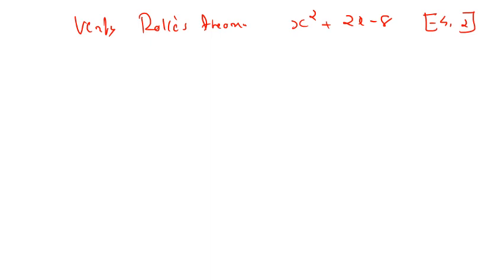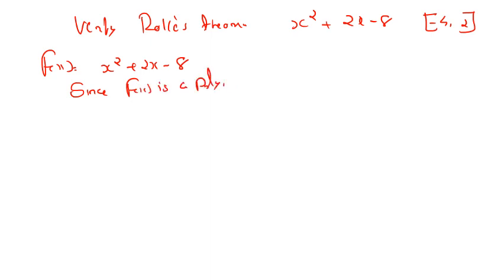Now take f(x) equal to x squared plus 2x minus 8. What is x squared plus 2x minus 8? It is a polynomial function. So we can write, since f(x) is a polynomial function, it is continuous on the closed interval [-4, 2].